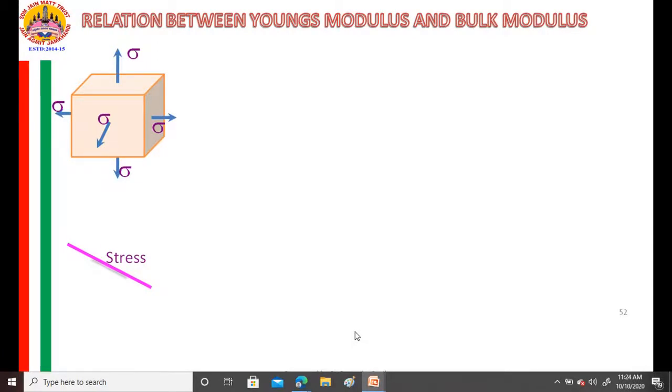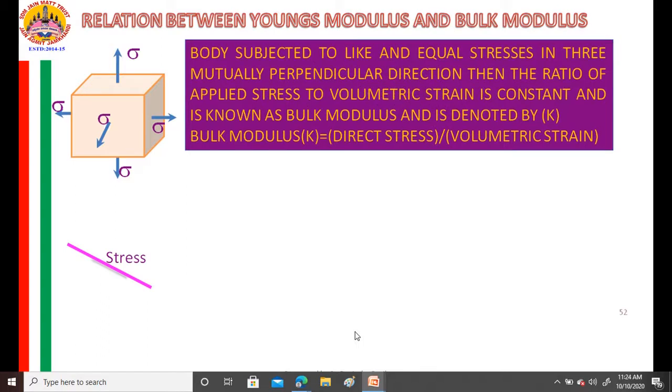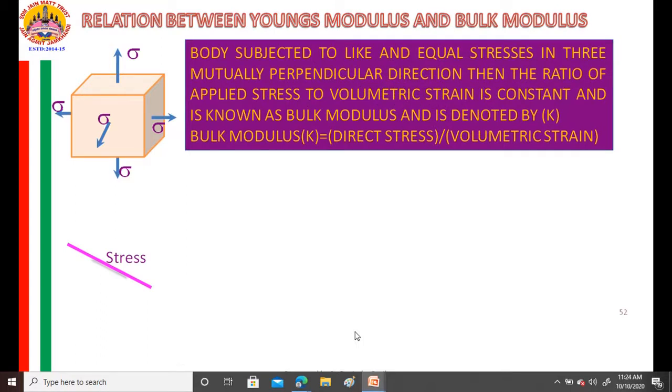Yes, the body is subjected to like and equal stresses of magnitude equal to sigma in all the directions. Now by definition, bulk modulus K is equal to direct stress, that is sigma divided by volumetric strain.